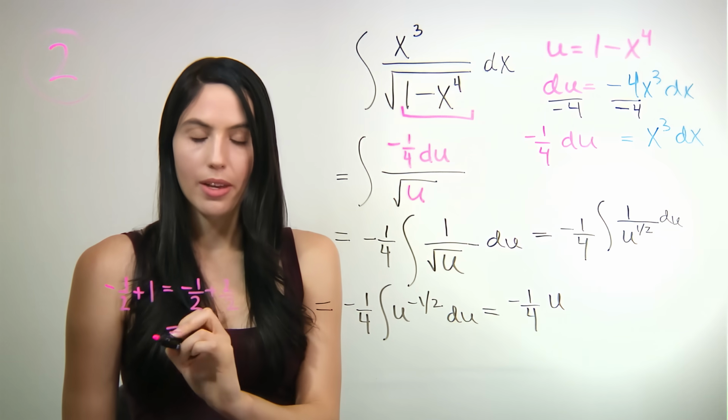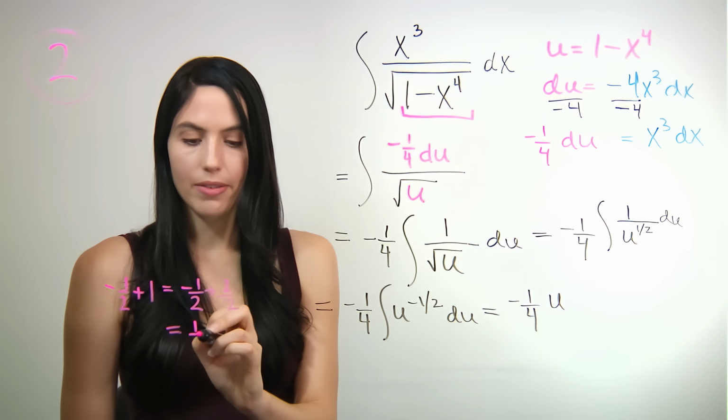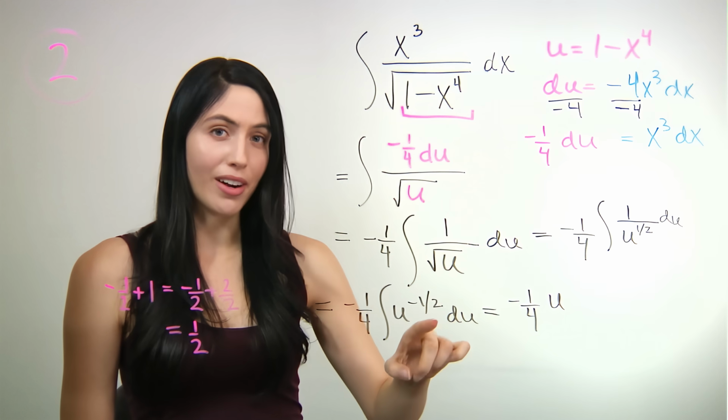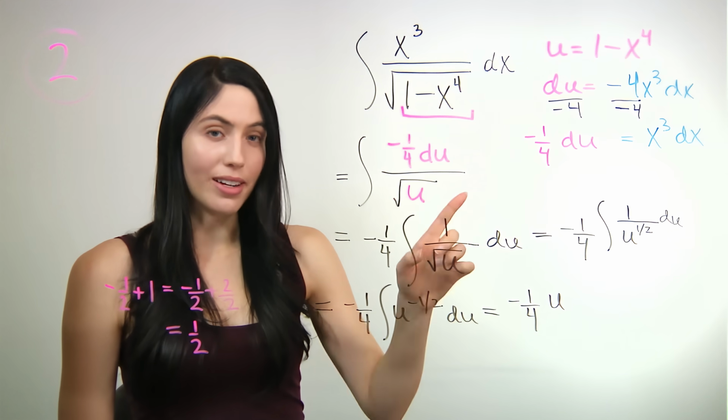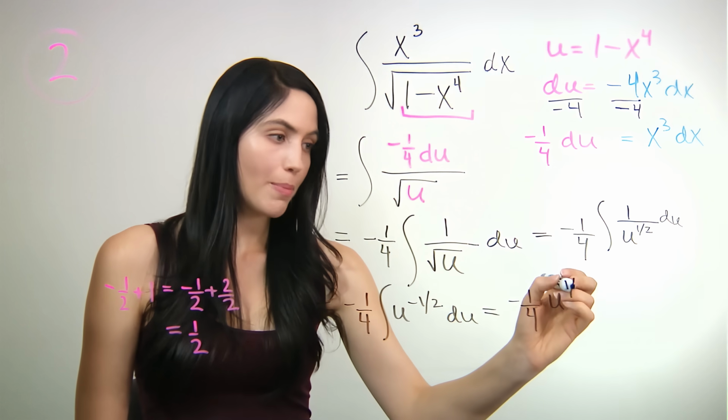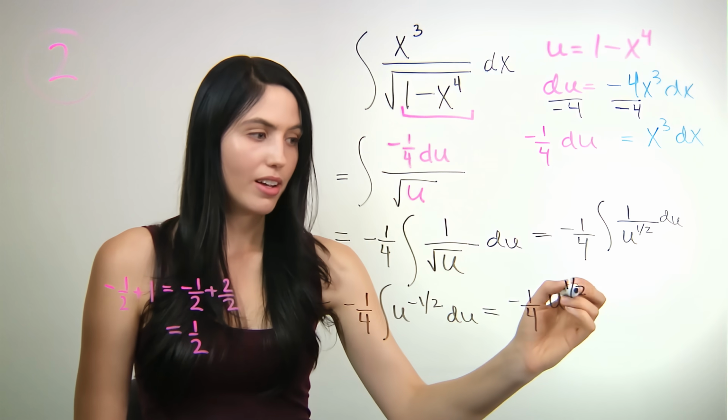So you end up with +1/2. Anyway, when you raise u to the -1/2 power by 1, you get u to the +1/2 power.